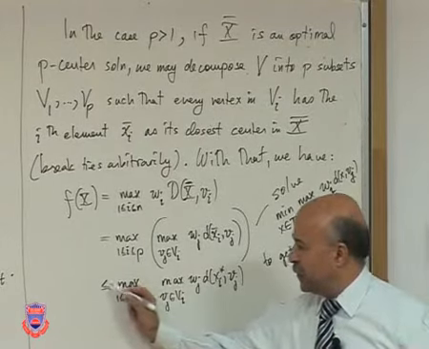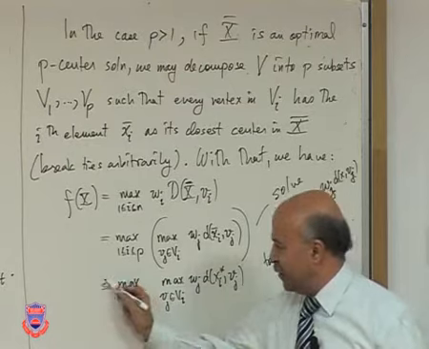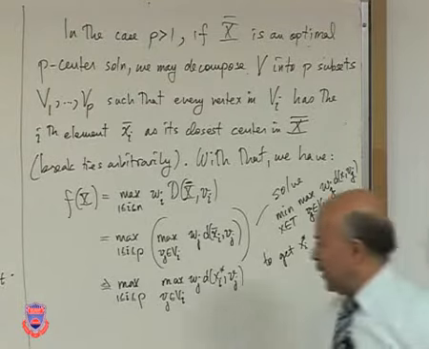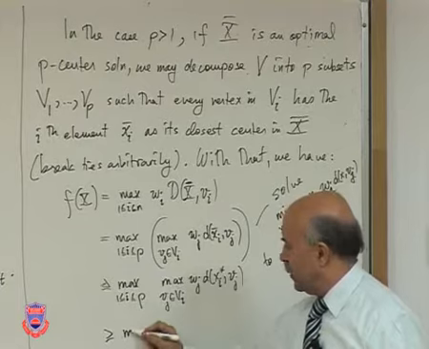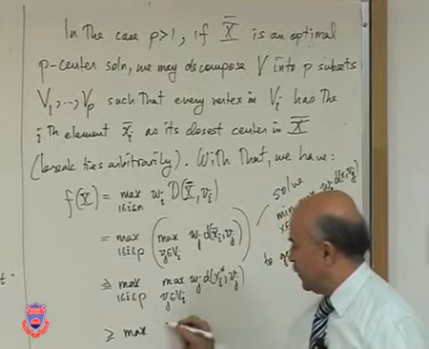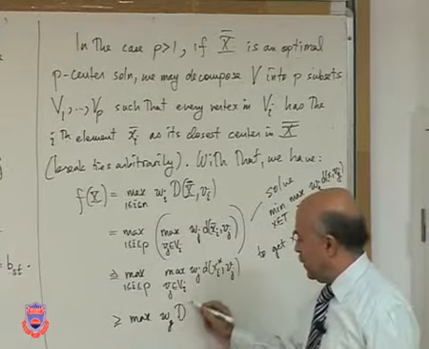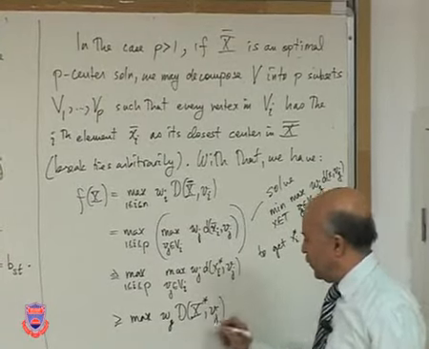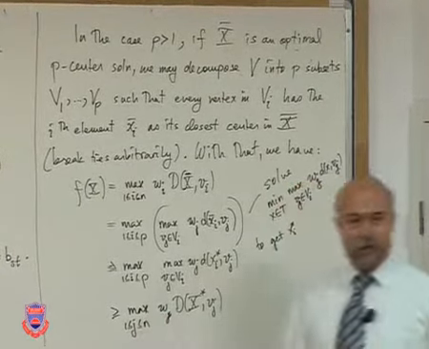You would have this. Sorry, greater, the other way around, like that. Okay? And this is certainly greater or equal the maximum of wj d(x star, vj) over all j. Does everybody agree with that?